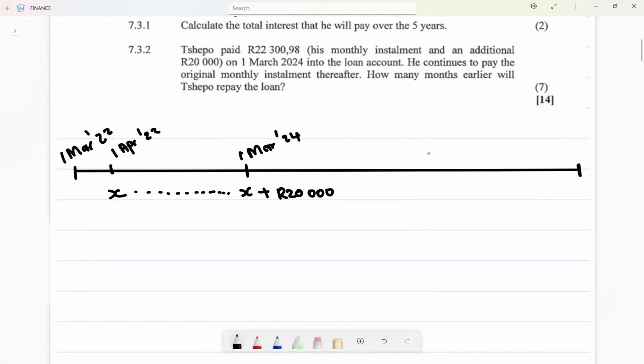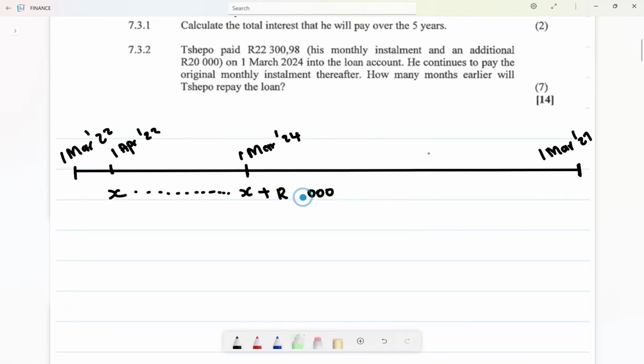We know that Tshepo is expected to end making payment 5 years after 1st of March 2022, which is the 1st of March 2027. But now, the thing is, when Tshepo paid this 20,000, it affected the outstanding balance.